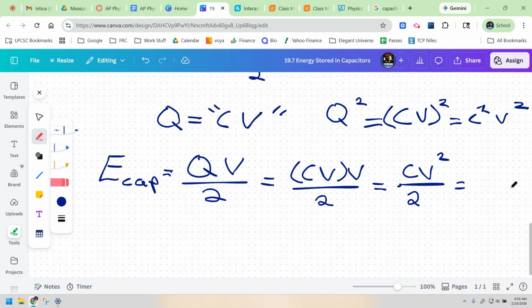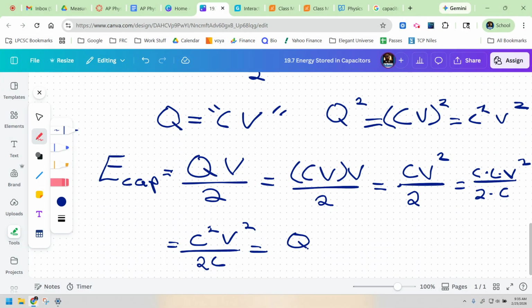So in this next line, if I multiply the top by C and I multiply the bottom by C, and then I have this V squared, in the very next line I have C squared V squared over 2C, which is really Q squared over 2C.